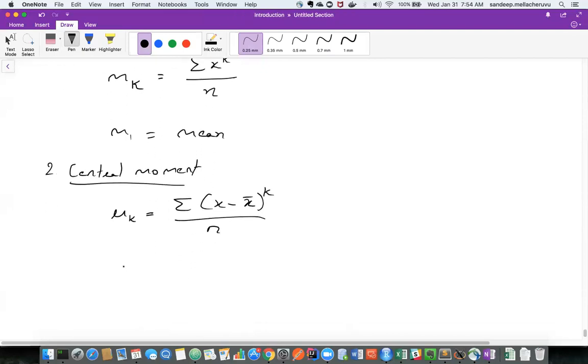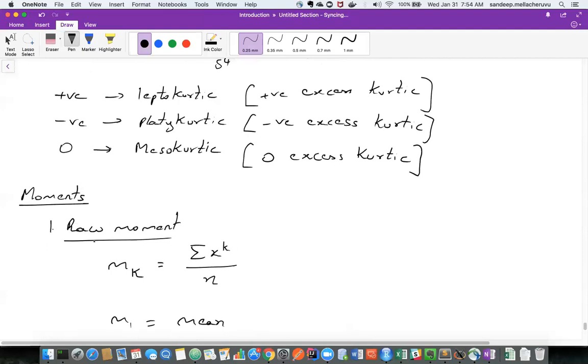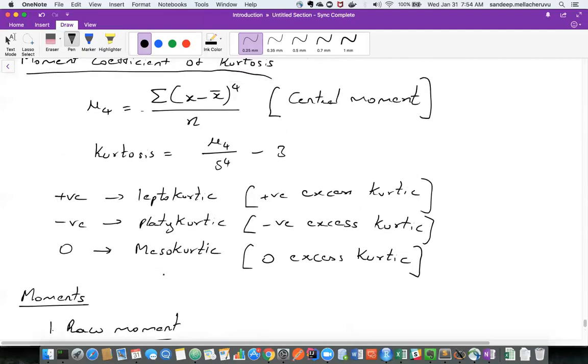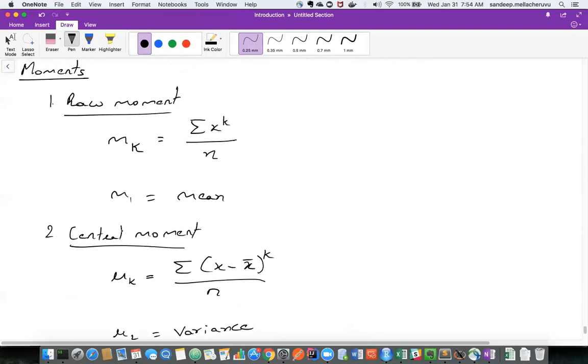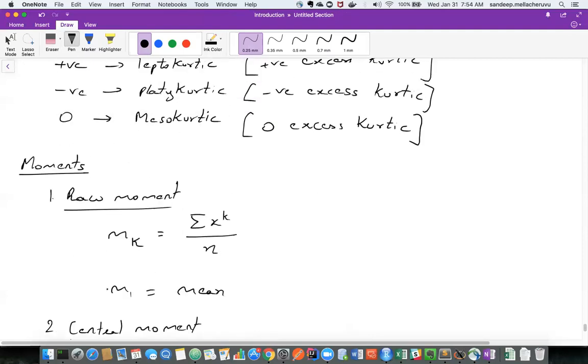In this case, the second central moment is nothing but variance, right? Yes, Sandeep. If you substitute k with 2, the second central moment will become variance. If you want to explore more, you can explore based on these raw moments and central moments.